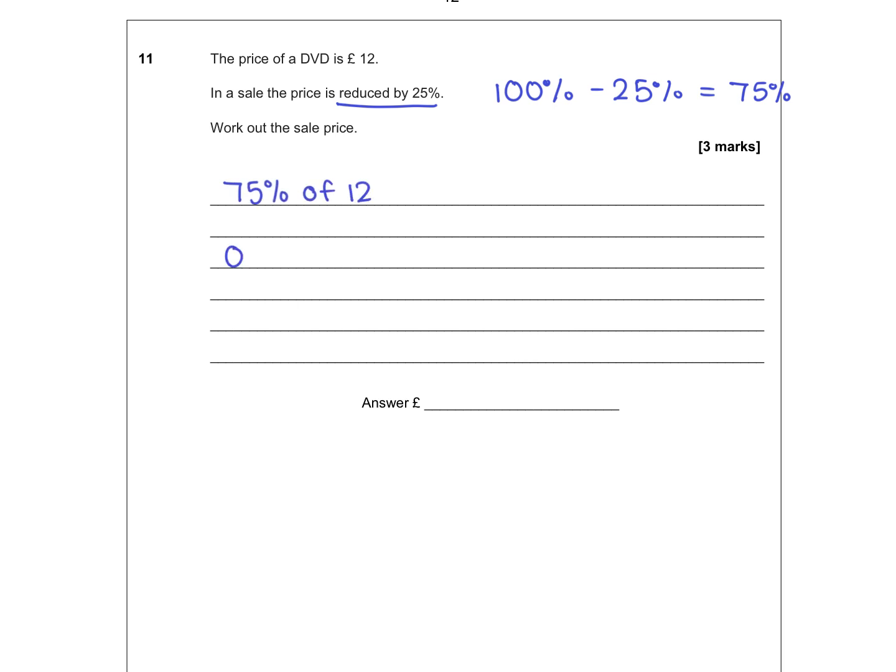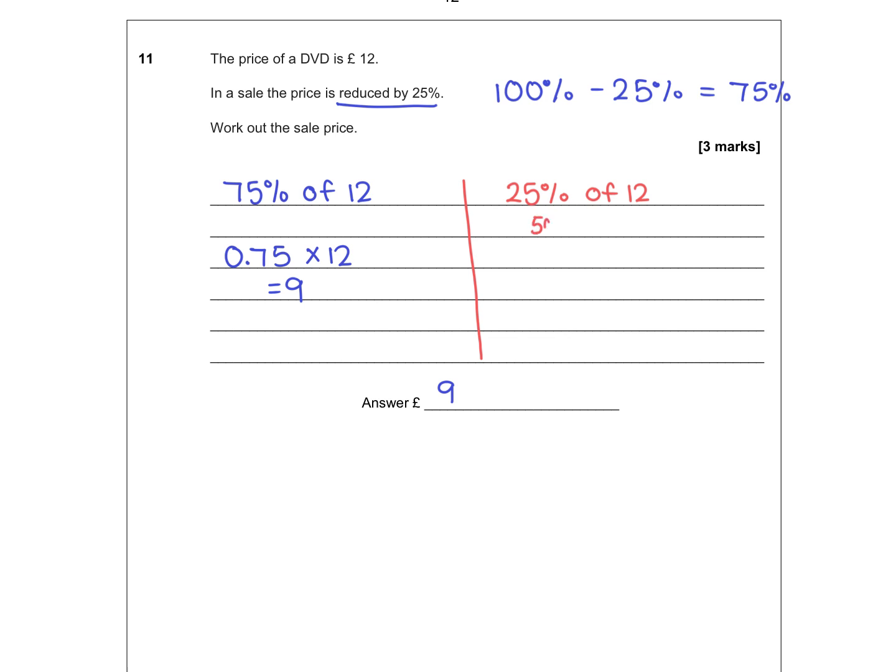Now, because it's a calculator paper, that's going to be 0.75 times 12, which is going to give me 9. Now, that's the way that I like to do the question, but I guarantee a bunch of you are going to want to do it another way. So let's first find 25% of 12. All right, you know what? I'm going to go with a whole non-calculator way that you love to do.